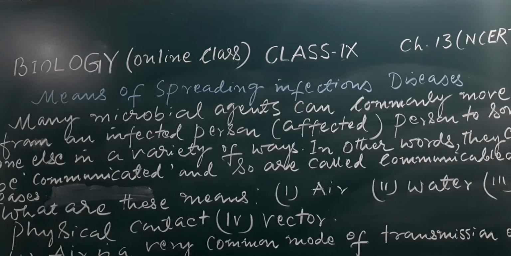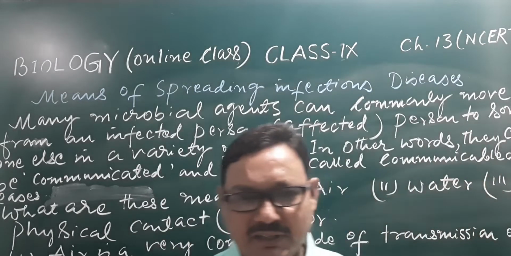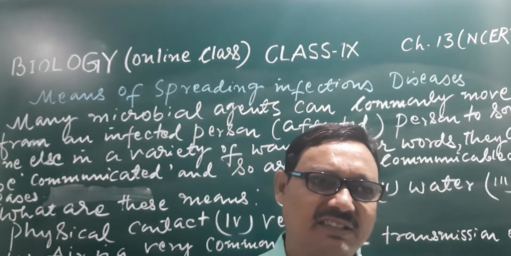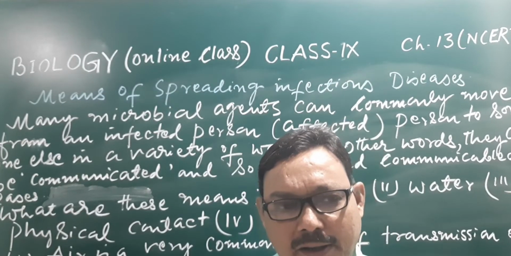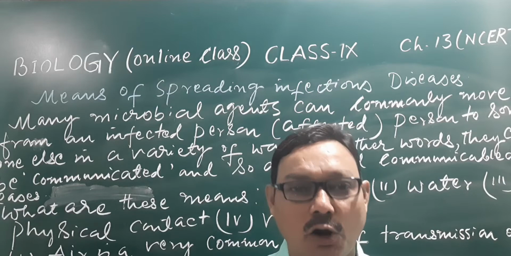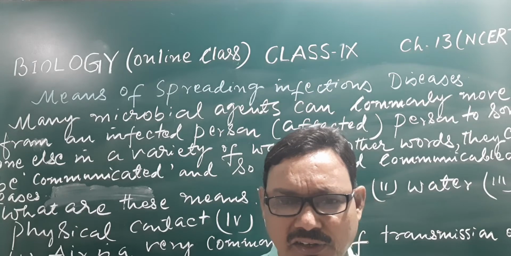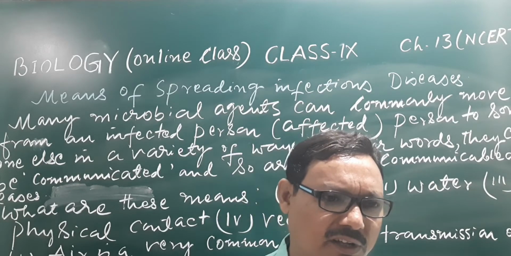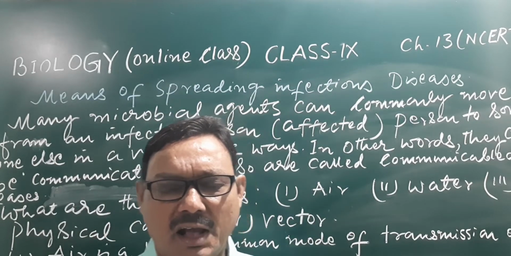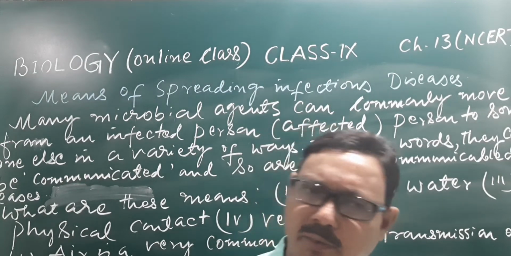You will know that air is a very common mode of transmission of infectious agents. When any person who is affected by an infectious disease sneezes, coughs, or speaks loudly, they may spread the disease, because in the droplets of coughing or in the sputum there are a large number of microbes present.